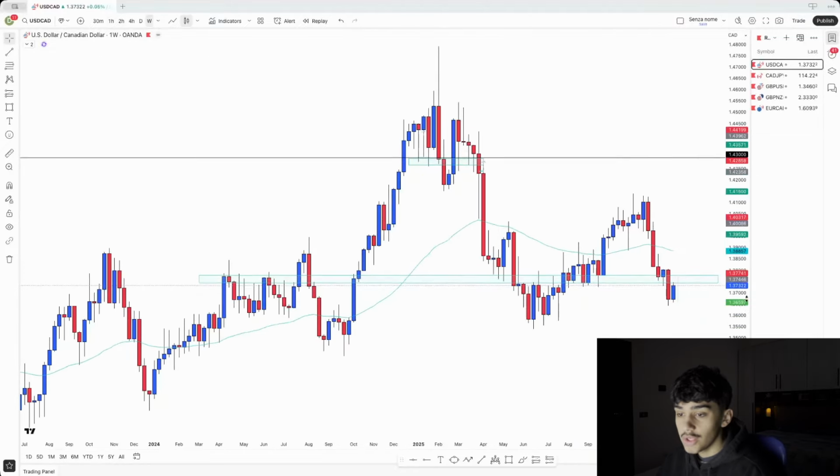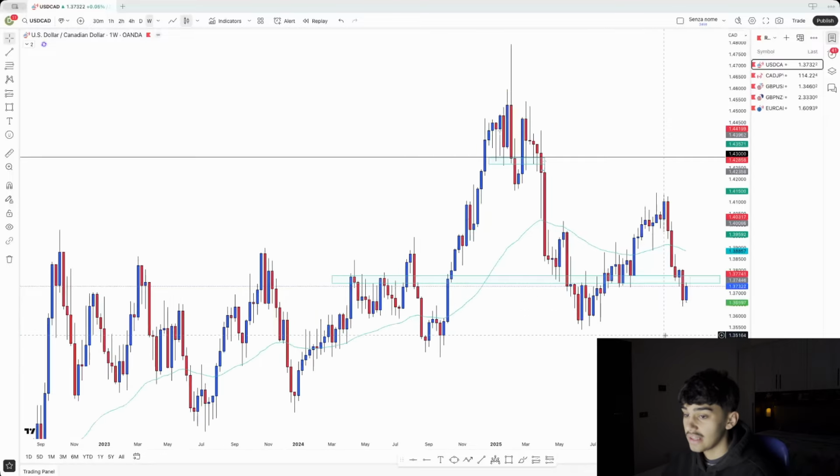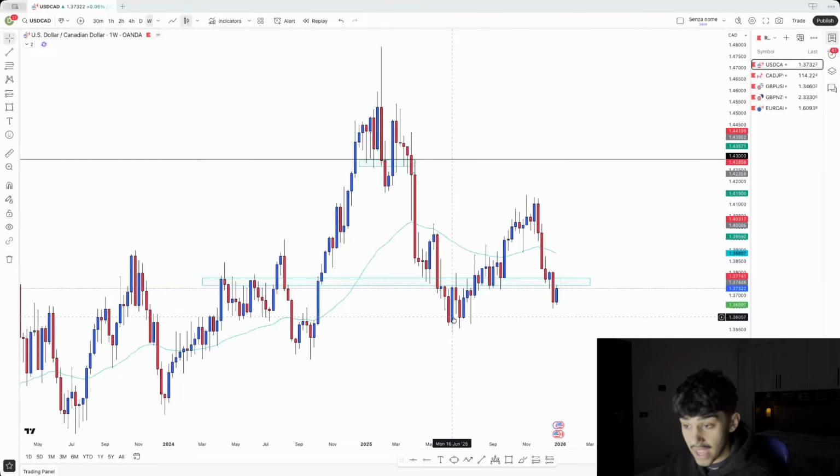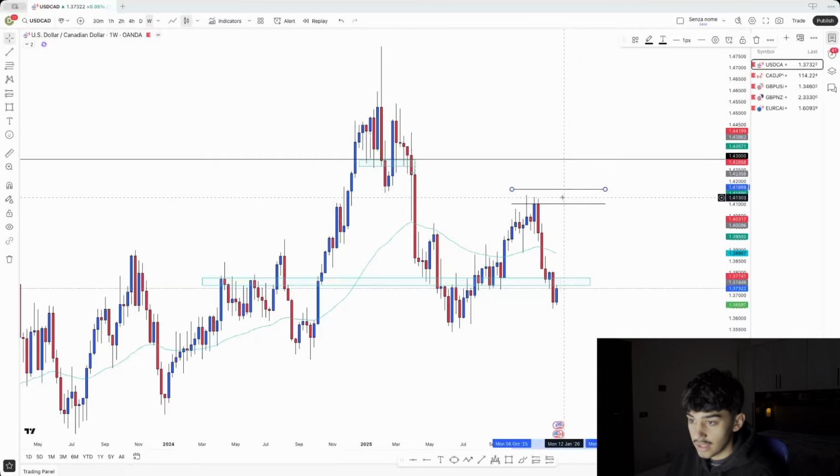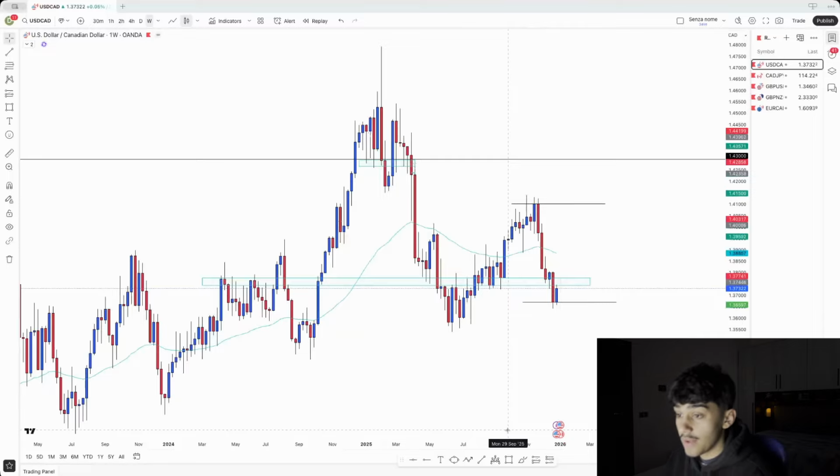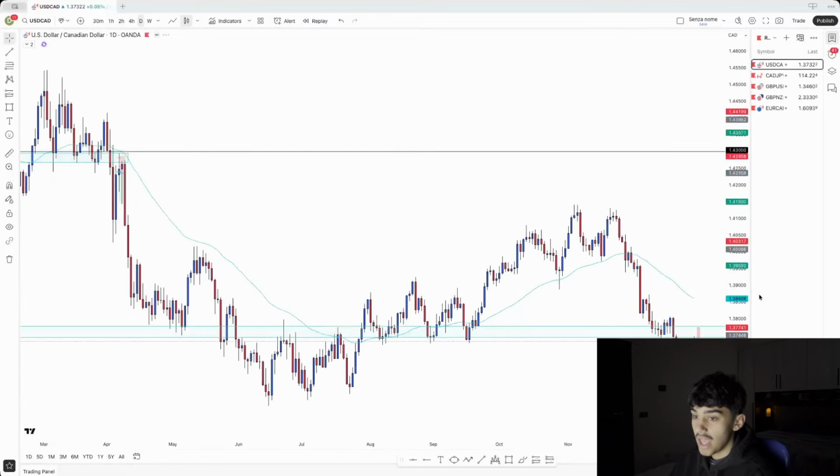So USD CAD on the weekly time frame, we can see that we are bearish, with this one being the lower high and this one being the lower low. So we are in this range, so we are bearish on the weekly time frame on USD CAD. The daily time frame, on the other hand, is bearish as well.